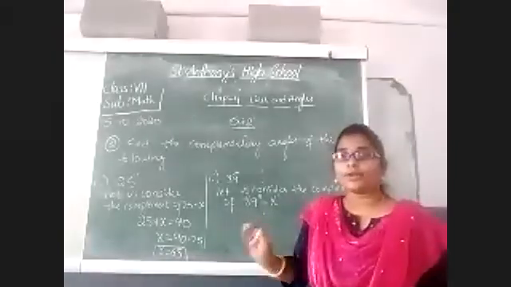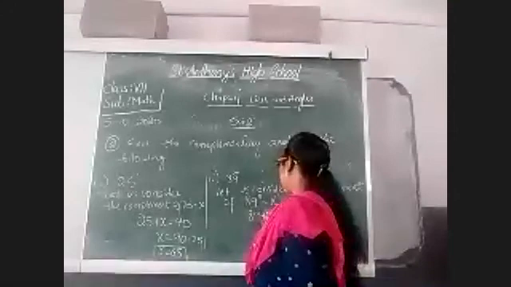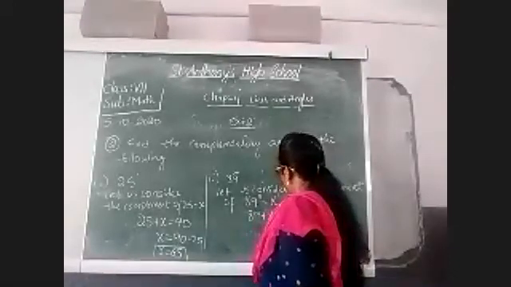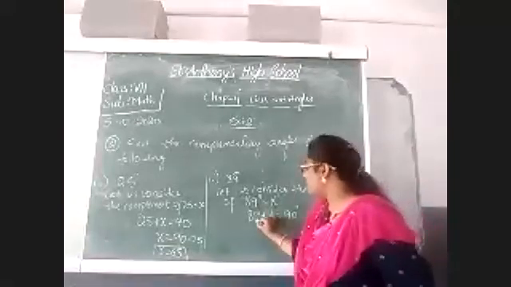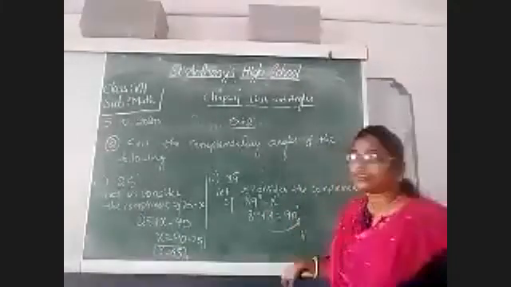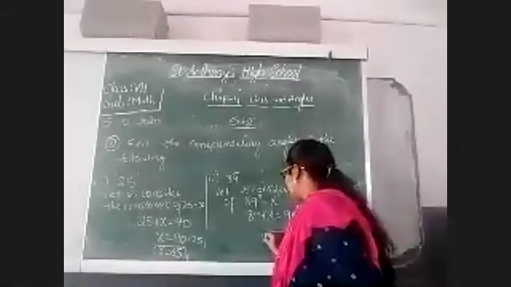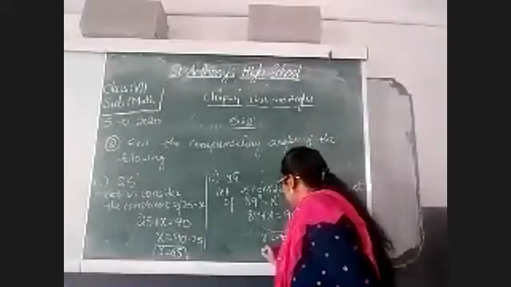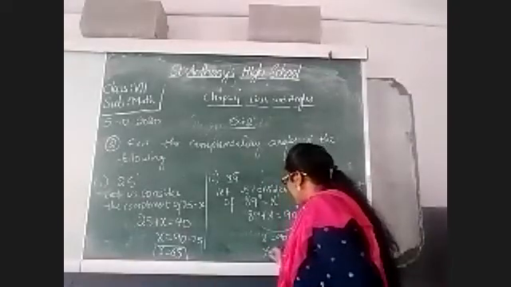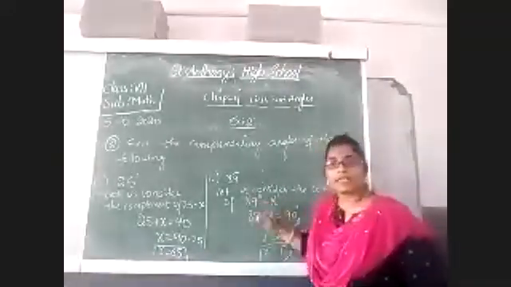Now we have to add: 89 plus x equal to 90. Now transpose this 89 to this side. It becomes minus. So x equal to 90 minus 89, which is 1 degree.